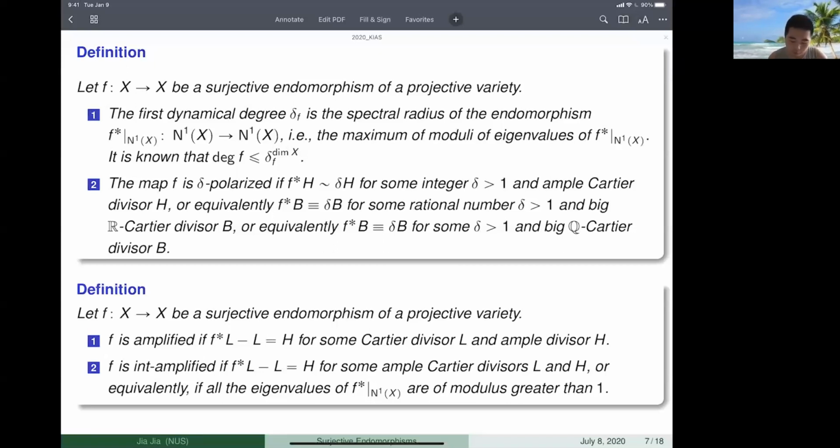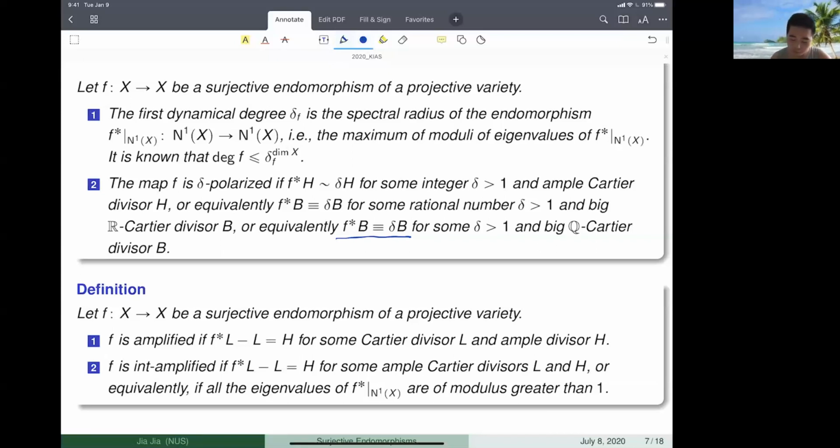Equivalently, we can suppose F pullback of B is numerically equivalent to delta B for some delta greater than 1 and a big Q-Cartier divisor B. Actually, in this case, this relation F pullback of B numerically equivalent to delta B implies this delta is an algebraic integer.